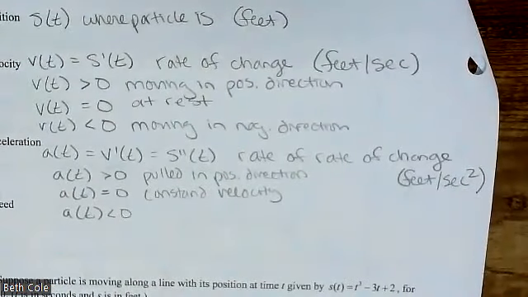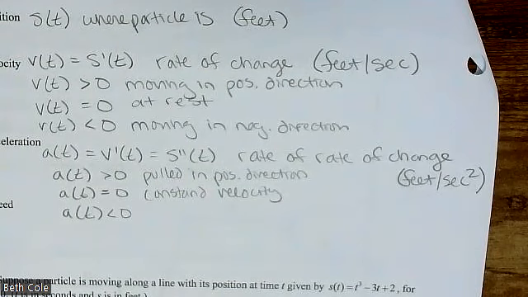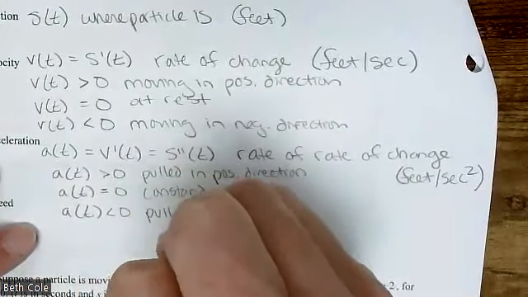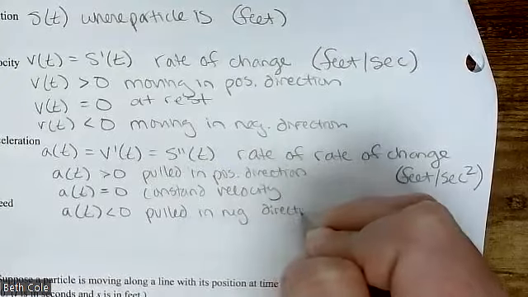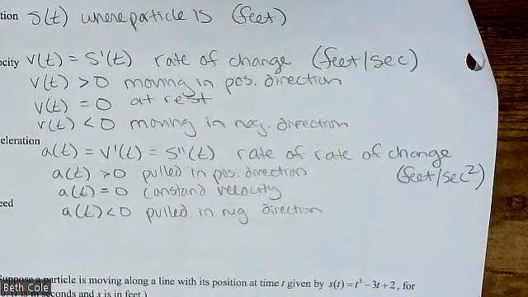So that is like cruise control. You aren't stopped, you're moving, but at a constant rate. And if your acceleration is negative, you are pulled in the negative direction. It doesn't mean you're going in the negative direction, though. For that, you would need velocity.